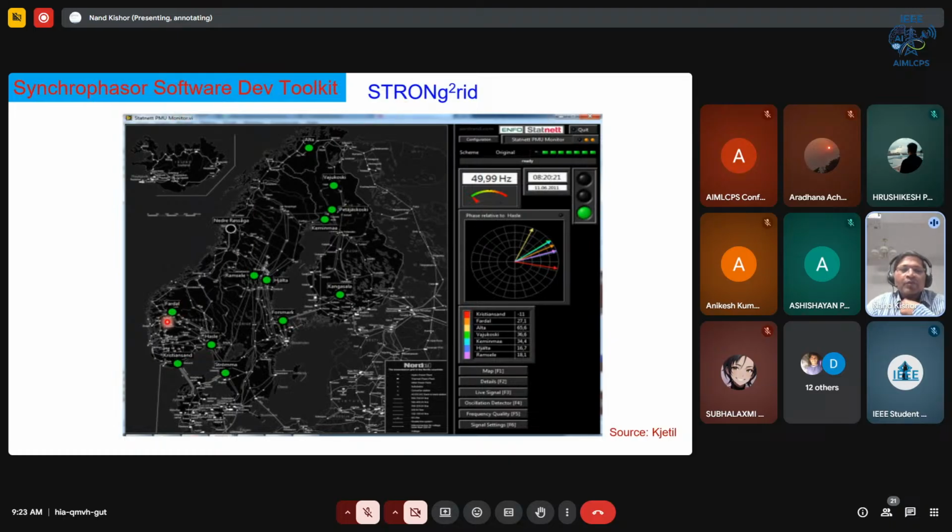With the actual PMUs at a high voltage network, as they were installed, we were able to have access to the real-time data, and we have the information about the frequency, and then again the phasors, the voltage figures from each of these locations here in real time.